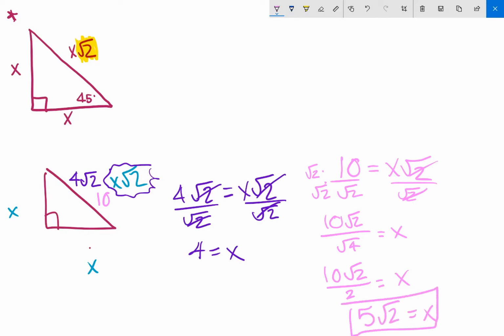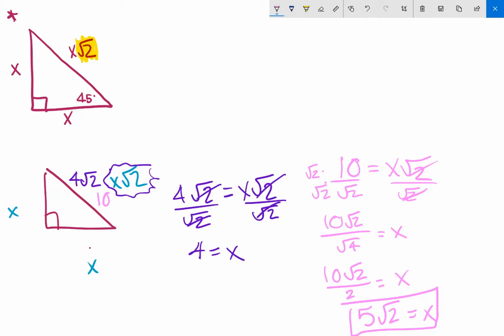And by the way, do not feel like you have to show all of these steps. Just make sure that you are careful when you are simplifying with that. So that's about the most complex it can get with the right triangles.